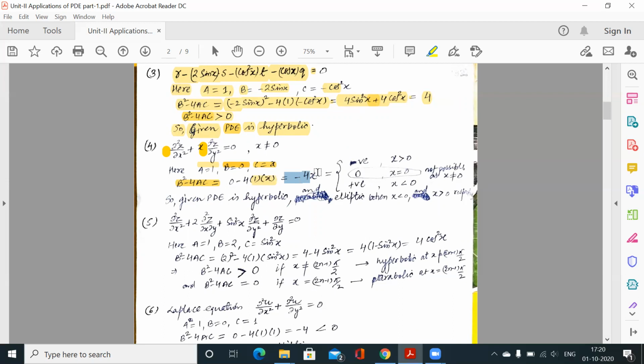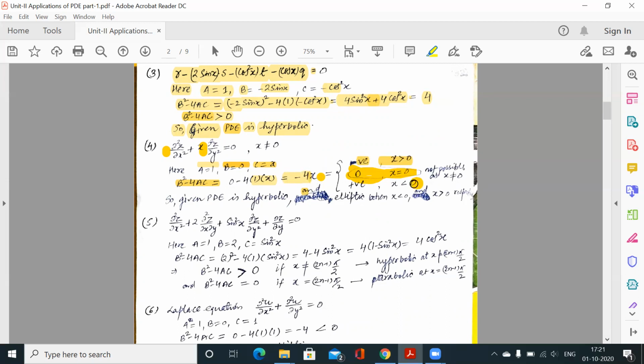Now because this is in terms of x, this is not a numerical value, so based on the value of x we can decide whether the overall term will be negative, positive or 0. So if x is 0, this term would be 0. When x is negative, negative into negative would be positive.